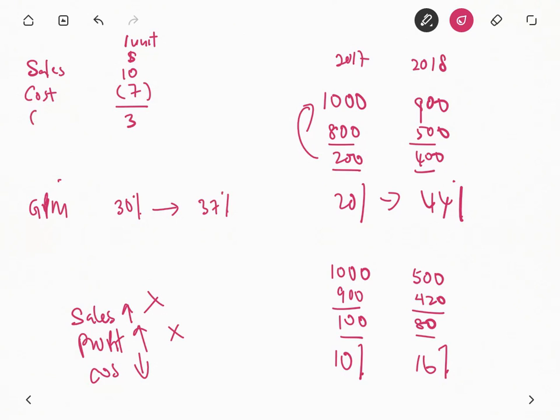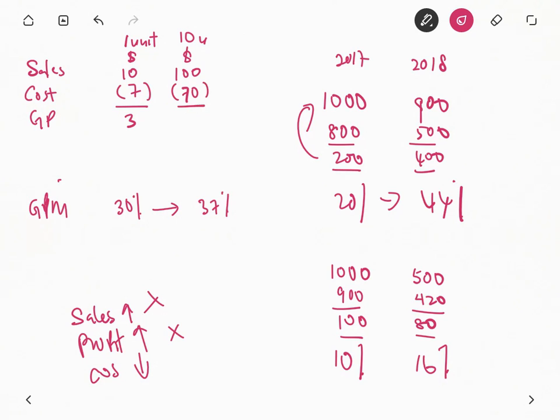So my profit is 3. So my GP margin is 30%. If I sell 10 units, my selling price will remain the same. Sales will be 100, correct? And my cost per unit, whether I buy or produce myself, is $7. So 70.